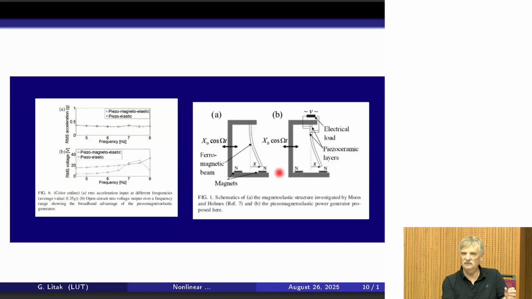We would like to avoid any additional work in the mechanical structure, because it is a waste of energy. We would like to transform the energy to the electrical form. So we place the piezoelectric at the beginning of the beam, somewhere here, and the electrical circuit is attached to the electrodes of the piezoelectric.